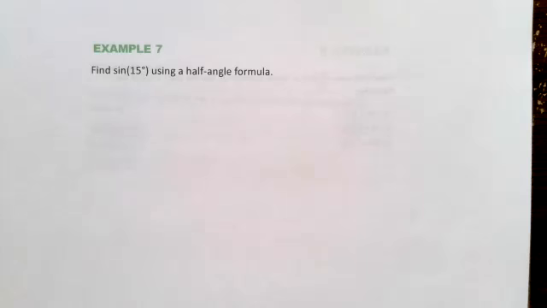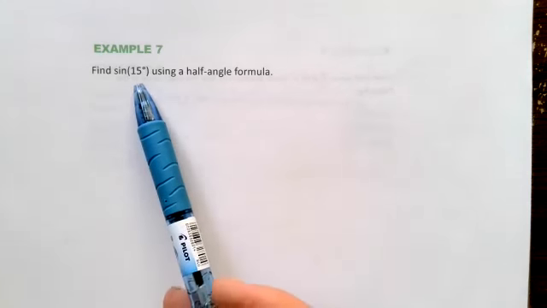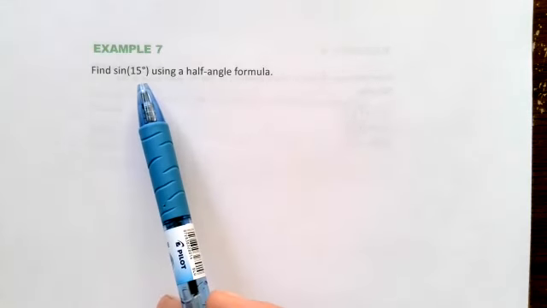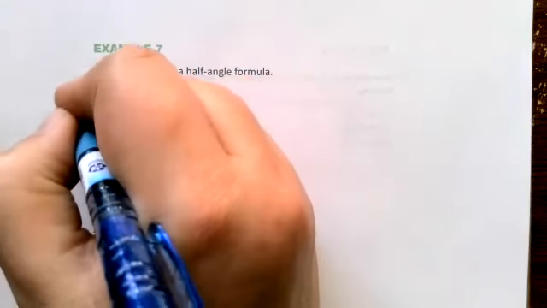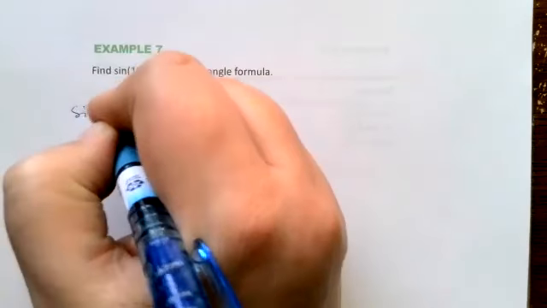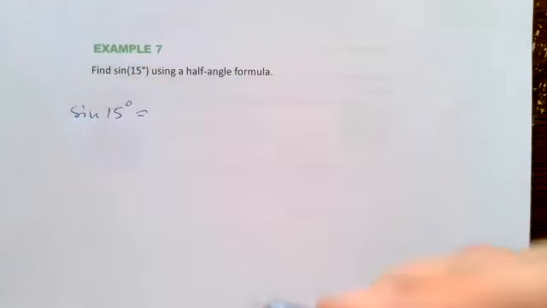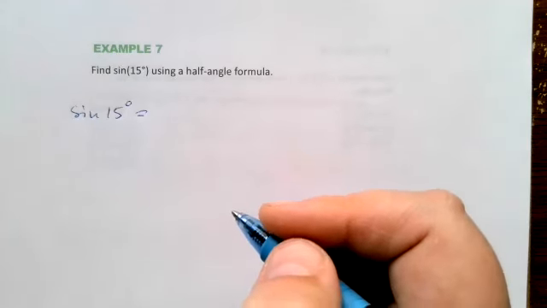So for example, here we have a sine of 15 degrees, and we can express our sine of 15 in terms of a 30-degree angle.